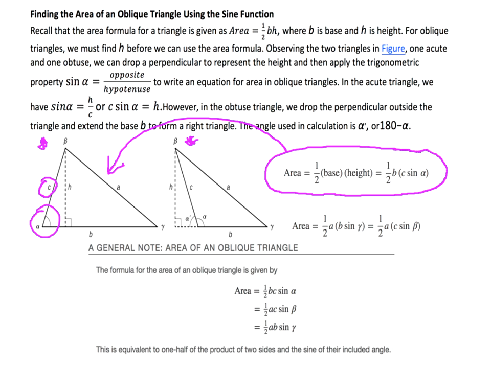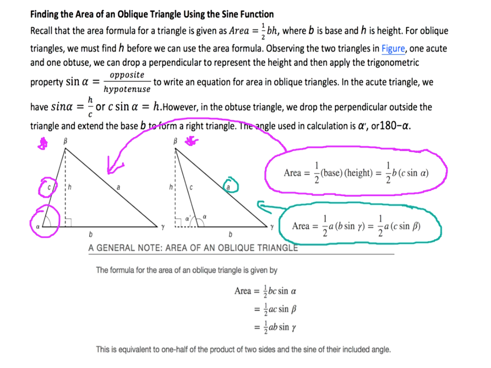So this other triangle with the height living outside, we have 1/2 base times height, and they're actually calling the base side A here, across from angle alpha. So we get that same formula for when the height lives outside of the triangle.